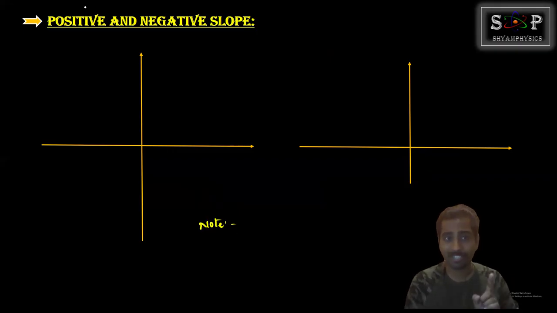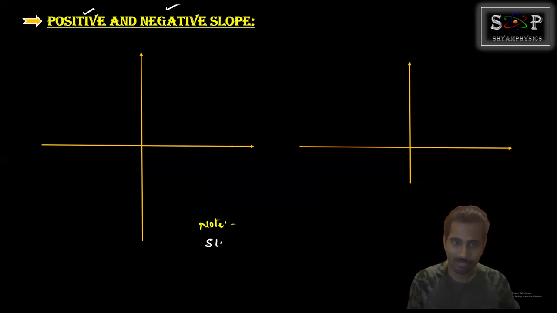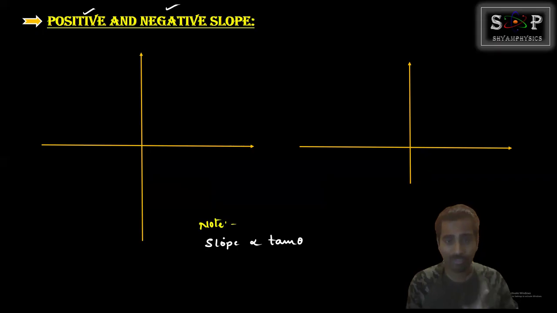Now, I mentioned positive and negative slopes. Slope is directly proportional to tan theta. If slope has to be positive, then tan theta should be positive. I can say that if tan theta is positive, slope, that is m, is positive.